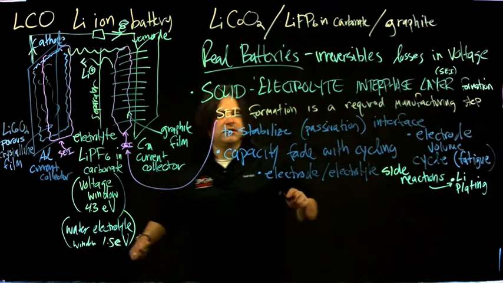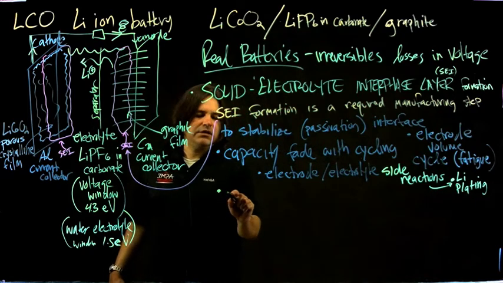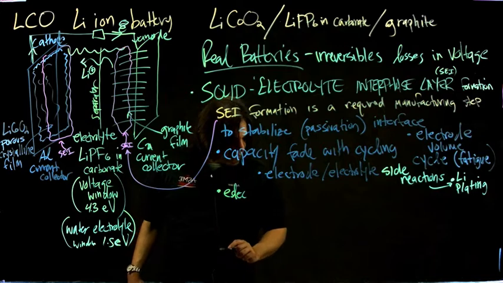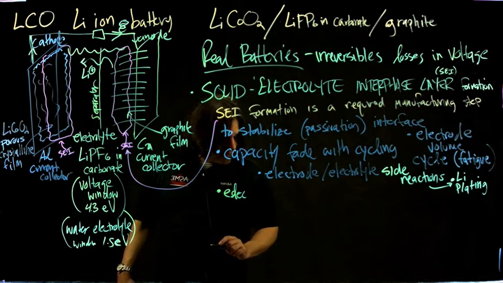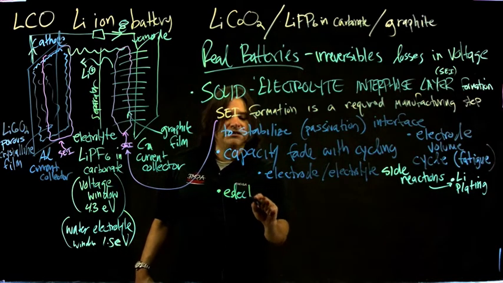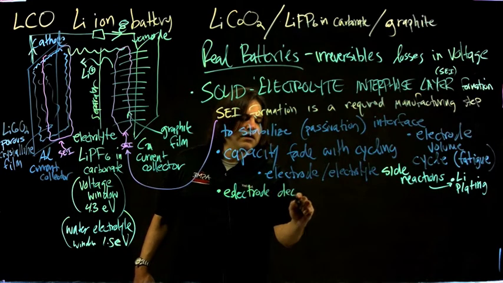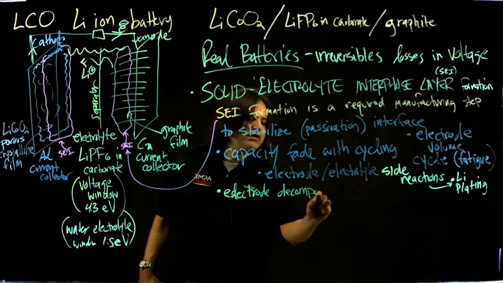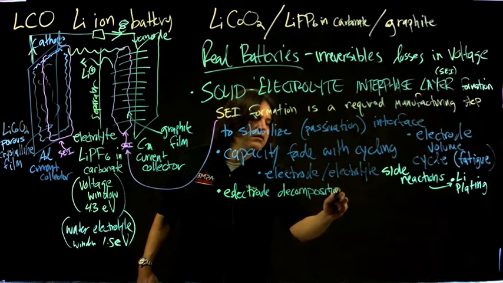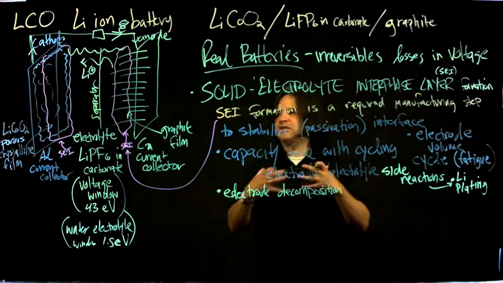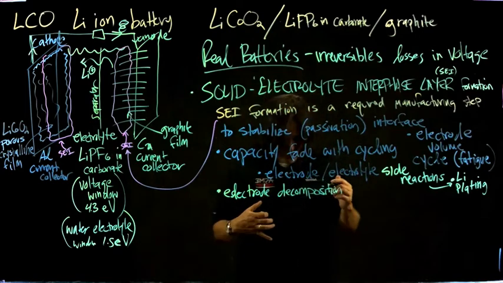And another one that can happen is the electrode itself. For some reason, over time, it can physically fall apart because this is a powder you start with, and then you use a binder, some glue to glue it together. So that's one thing that can happen.